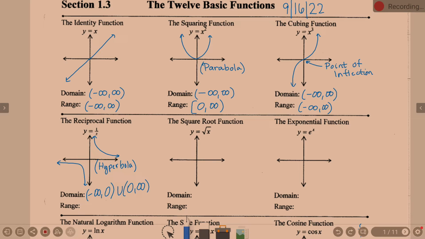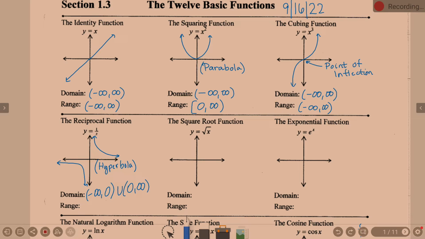Range. The difference on range is that we're going to read bottom to top, right? Up and down. How low does my graph go? Negative infinity. How high does my graph go? Positive infinity. Do we have any breaks along the way? Yeah. As I graph up here, getting closer and closer to the x-axis, all of a sudden my graph takes off towards Mr. Stanley's room, doesn't it?